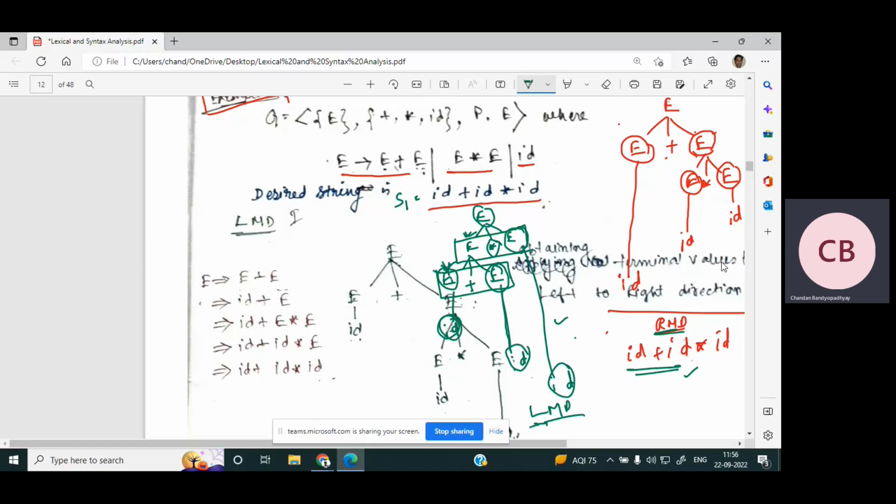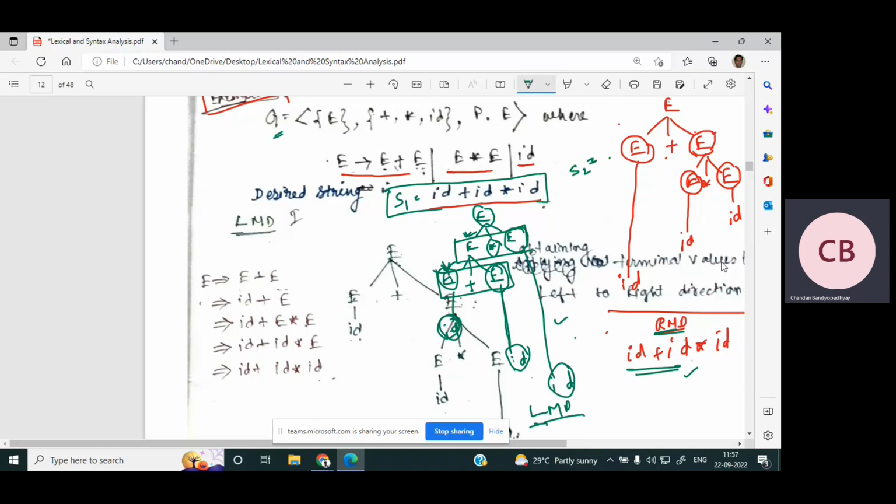Again I'm repeating, exactly one leftmost derivation and exactly one rightmost derivation to obtain any string that belongs to that grammar G. If you take any string, let another string you have taken be S2, I am not specifying the value of the string, and someone says that S2 belongs to the grammar G, then definitely you should be able to get one leftmost derivation based tree and another rightmost derivation based tree.